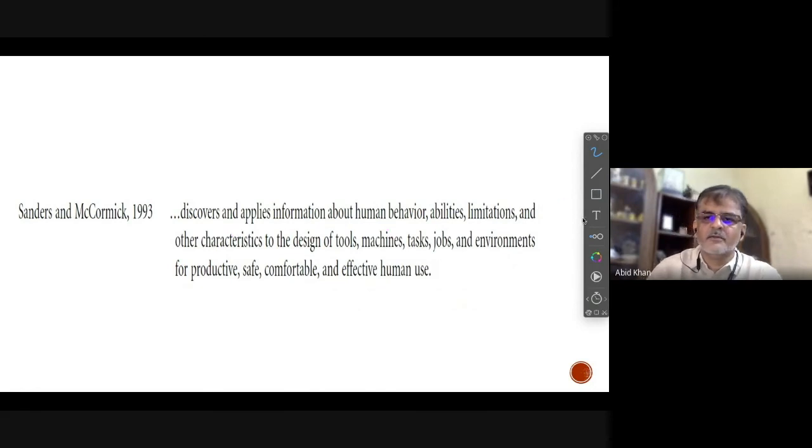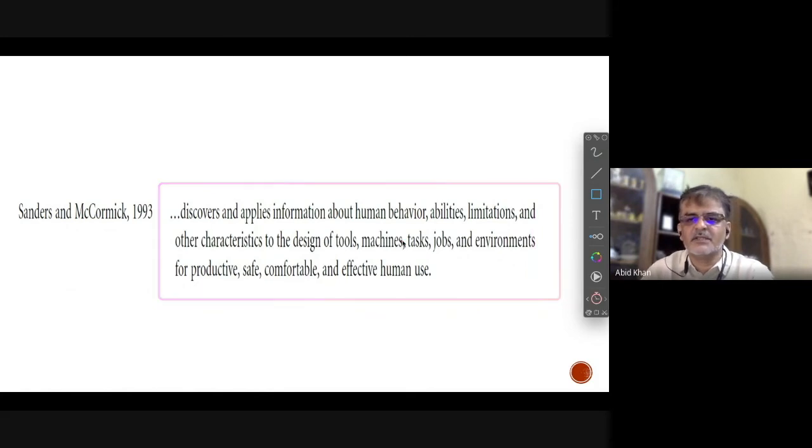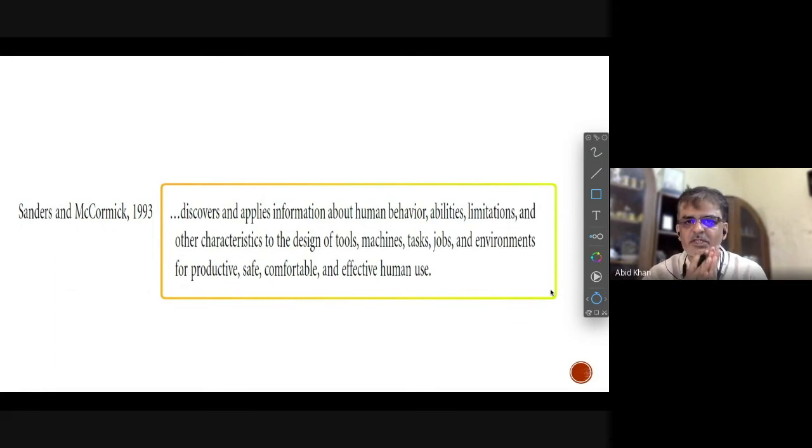This is very much accepted in the field of engineering: ergonomics discovers and applies information about human behavior, abilities, limitations, and other characteristics to the design of tools, machines, jobs, and environment for productive, safe, comfortable, and effective human work.